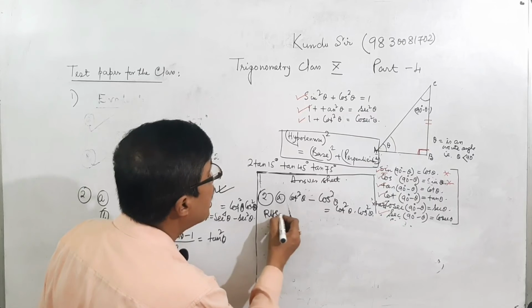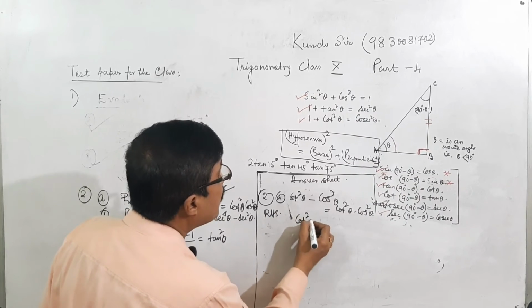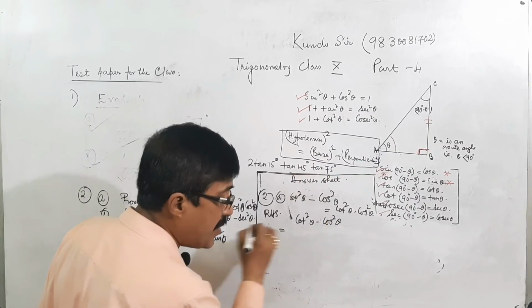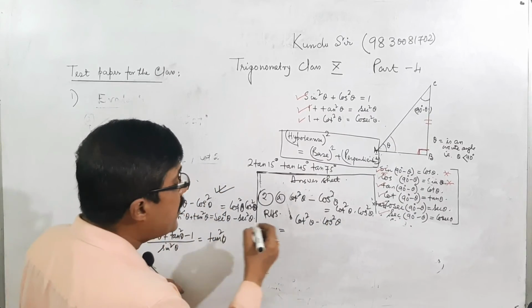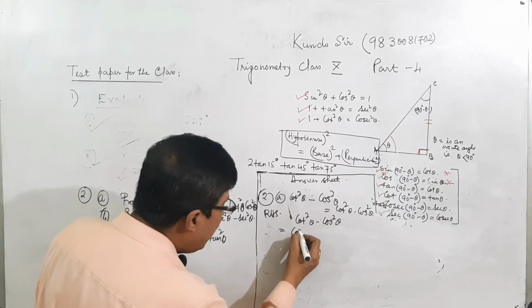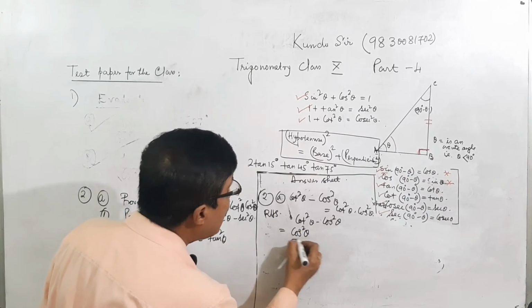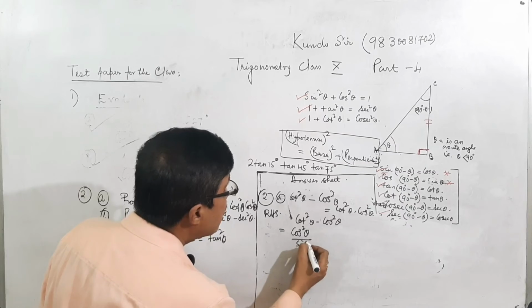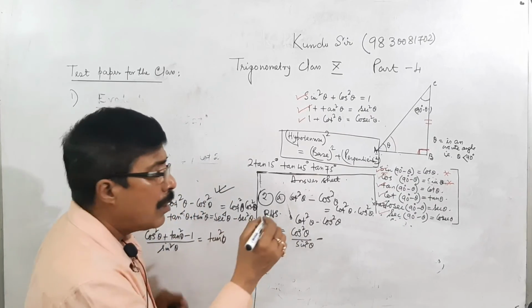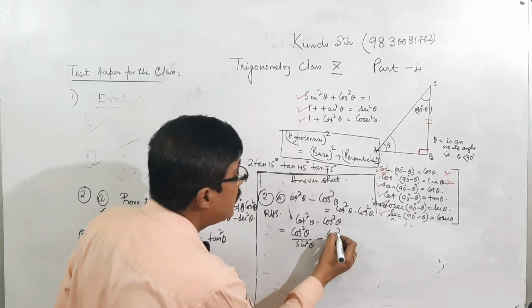Cot square theta minus cos square theta, right hand side, can be written as cos square theta upon sin square theta minus cos square theta.